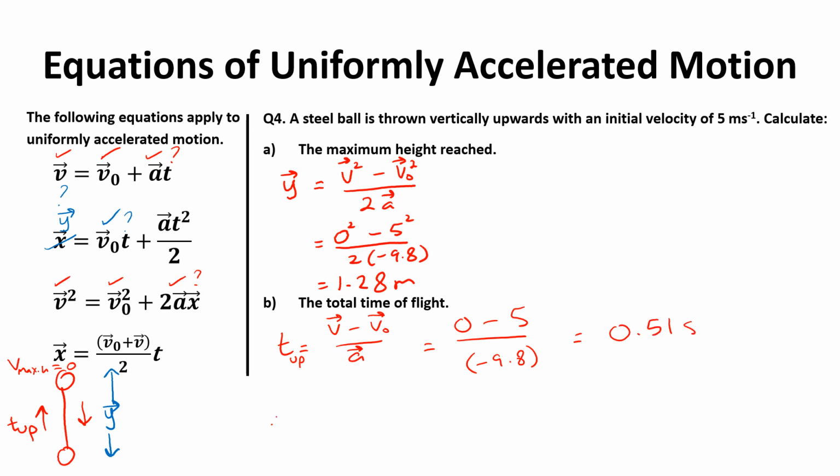And therefore, the total time of flight would be 0.51 plus 0.51, or we can just say 0.51 times 2, and we get 1.02 seconds.